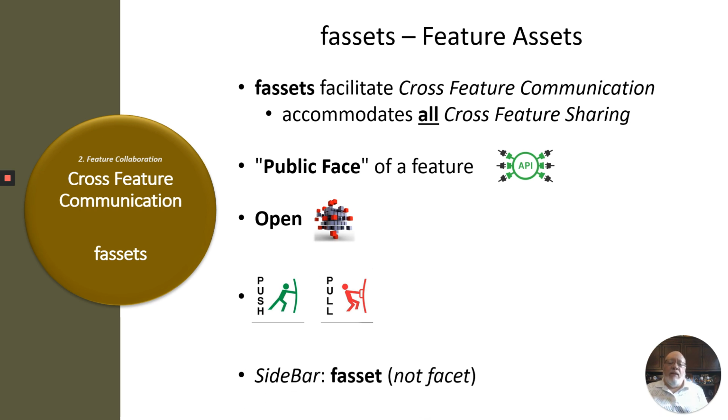So just as a sidebar, we use the term facet, pronounced F-A-C-E-T, and it's loosely related to that term, but we're using the spelling of feature assets, or fassets. And I should mention that this term is used consistently both in the definition as well as the usage side of the constructs that we're going to be looking at.